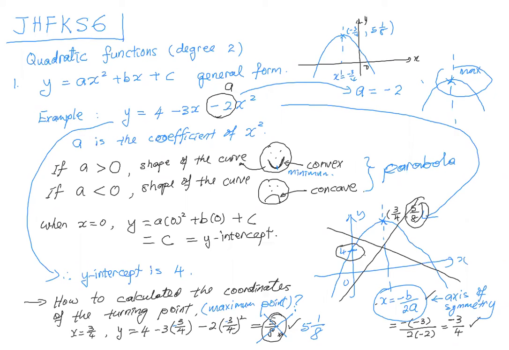Okay, so far, anything else you want to know about quadratic function if I write it in general form? What other things can we find? I run to the next page. Okay, we have the general form here. So two things: a greater than 0, the shape is like this. a less than 0, the shape is like this.